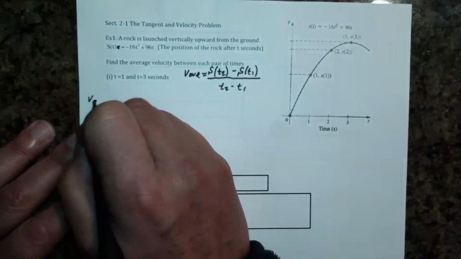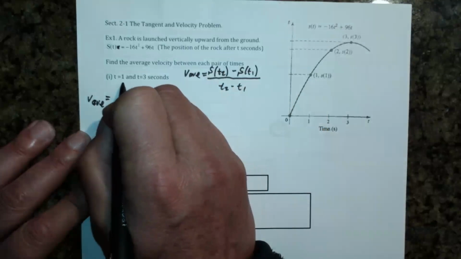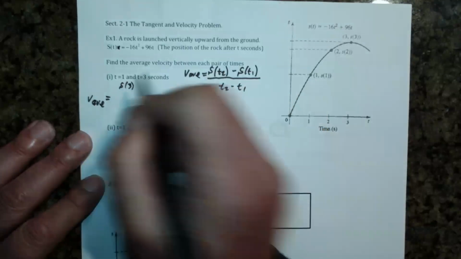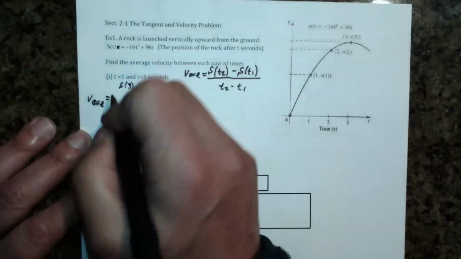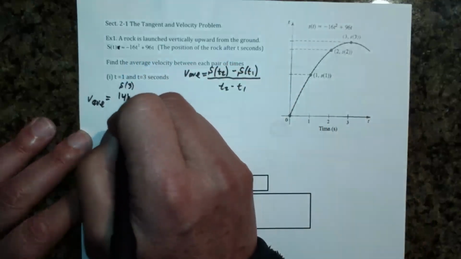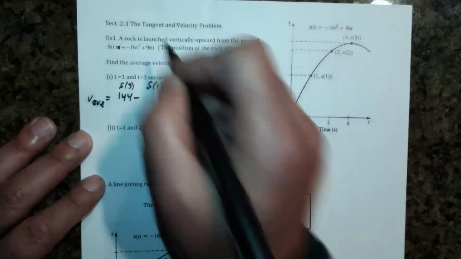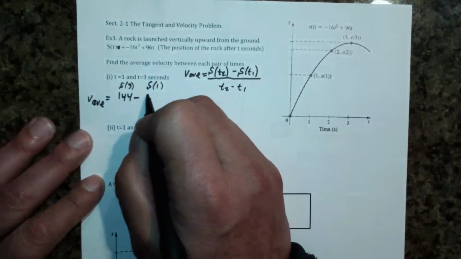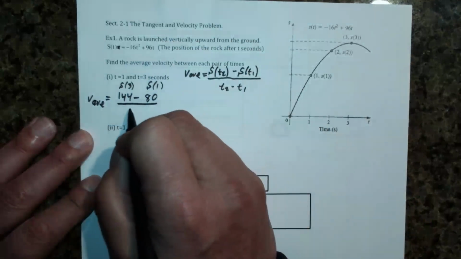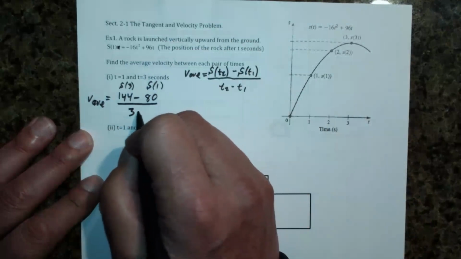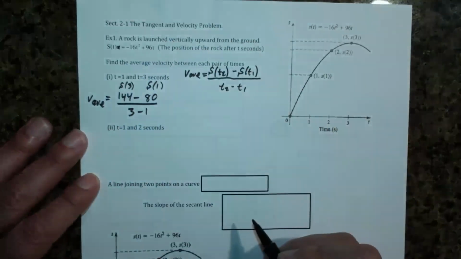So let's find the average velocity. We need s of 3. And when we plug 3 into here and here, we get that s of 3 is 144. And when I plug in a 1 here and here, we get 80 over 3 minus 1. And so again, here's our t sub 2 and t sub 1.